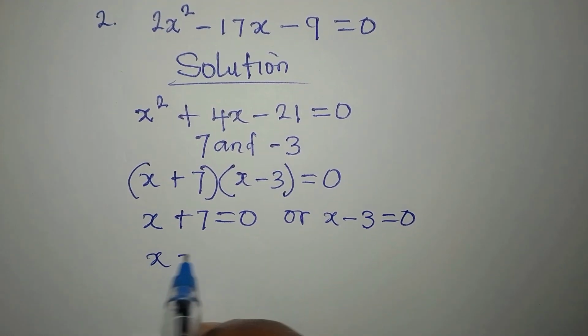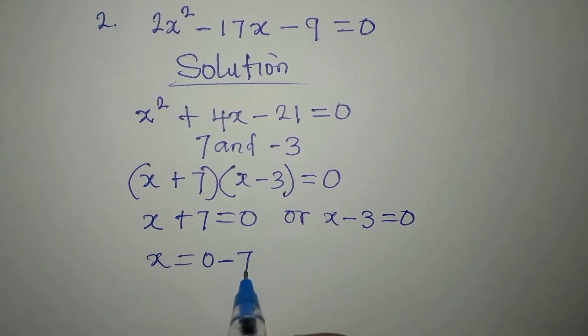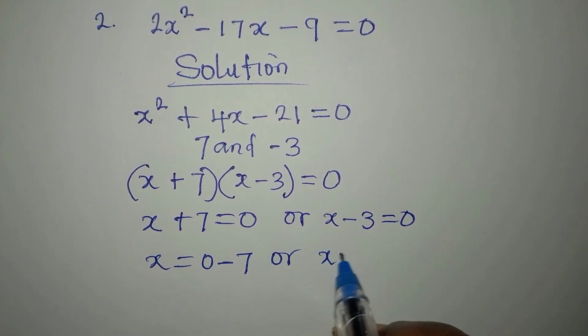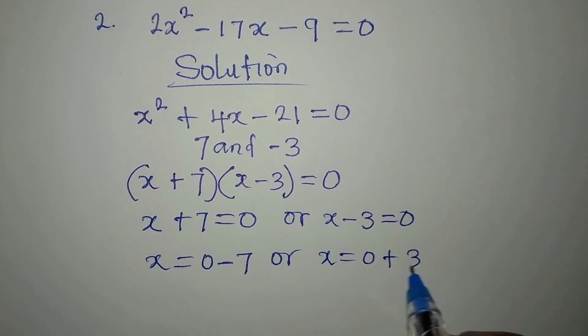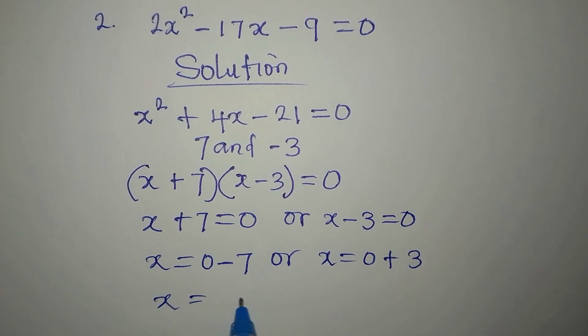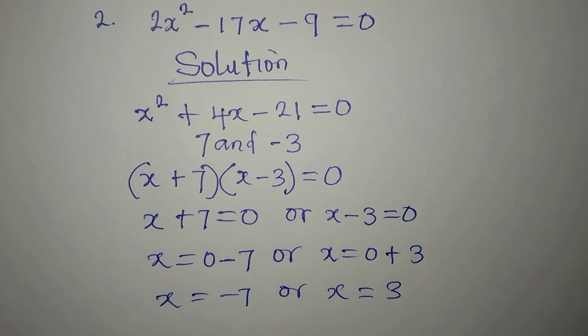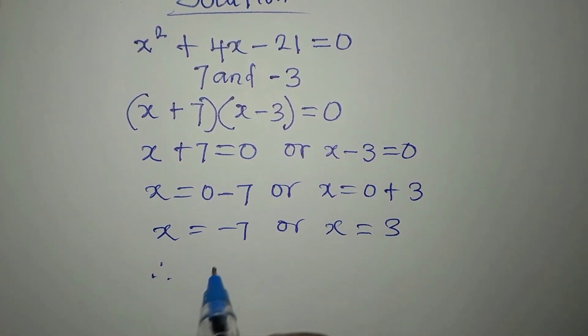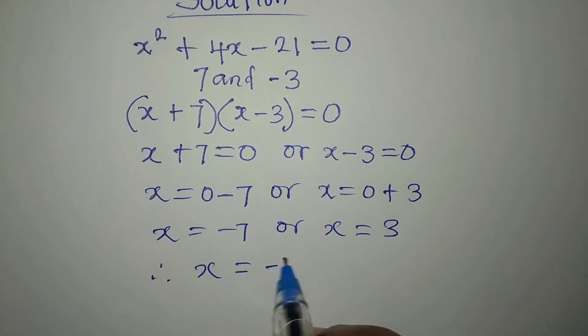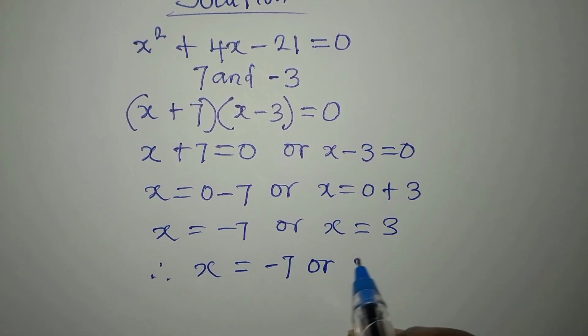And then x will be equal to 0 minus 7, or x is equal to 0 plus 3. Now our x is minus 7, or x is equal to 3. Therefore, we have x to be equal to minus 7 or 3.